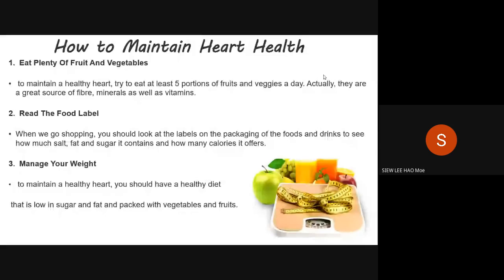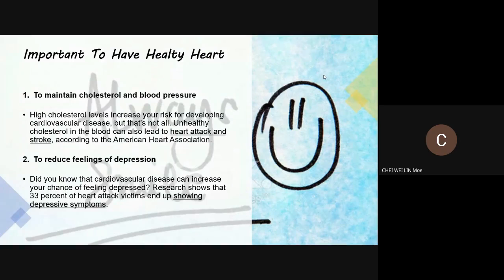When we go shopping, you should look at the labels on the packaging of the foods and drinks to see how much salt, fat, and sugar it contains and how many calories it offers. Third, manage your weight. To maintain a healthy heart, you should have a healthy diet that is low in sugar and fat and packed with vegetables and fruits.